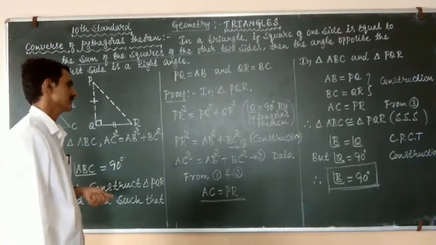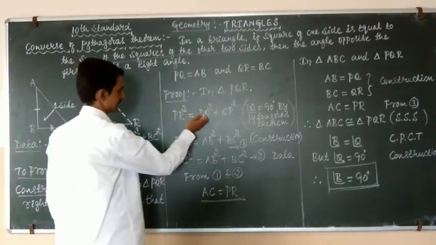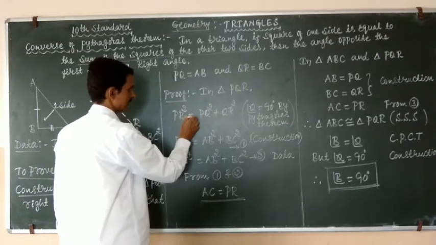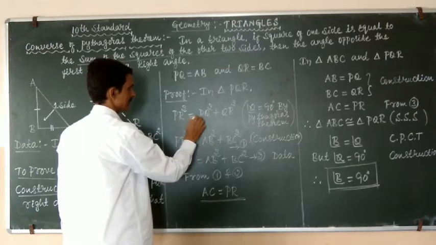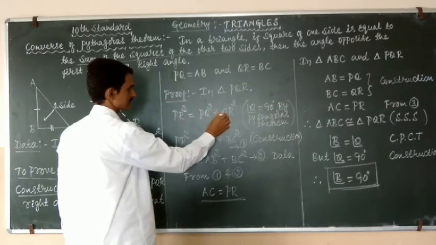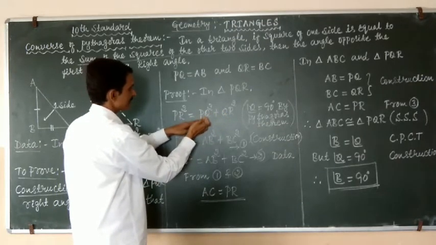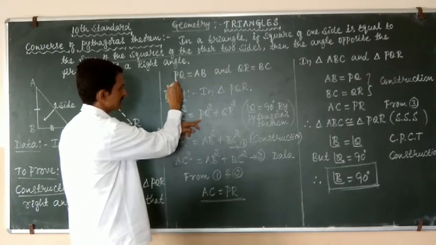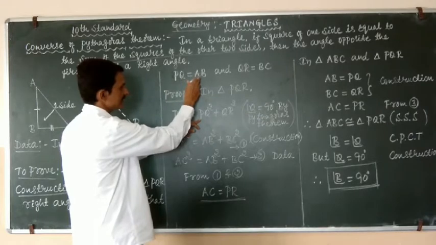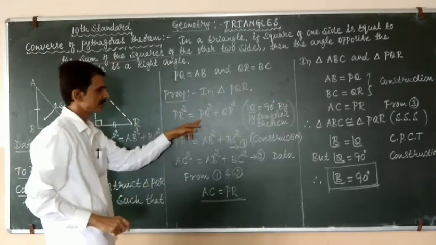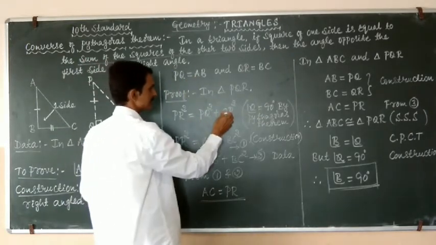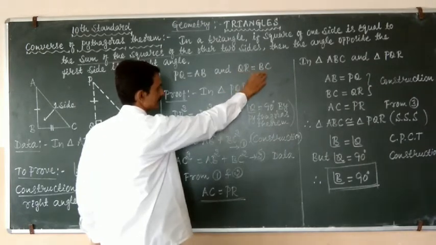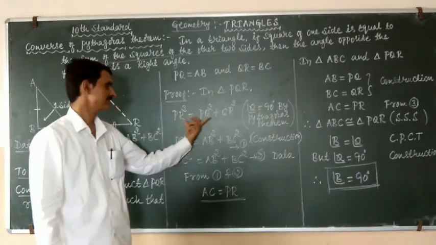So now students, observe this. Observe the RHS of PR square equals PQ square plus QR square. In place of PQ, we can write AB, because in the construction the length of PQ is equal to the length of AB. Similarly, in place of QR we can write BC because QR is equal to BC.